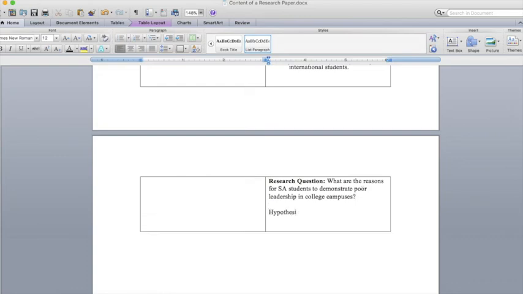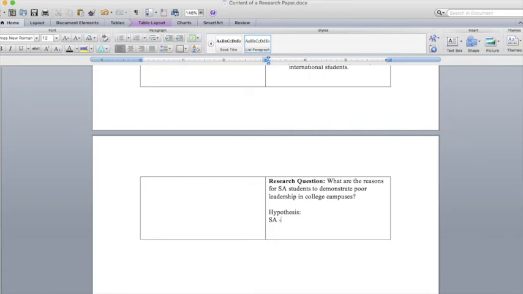Now for this, the next one is a hypothesis. What is a hypothesis? Hypothesis is a prediction that I am making. So this is a bit of research methodology more than academic writing. Now, I have a group of students named South Asian students, right?